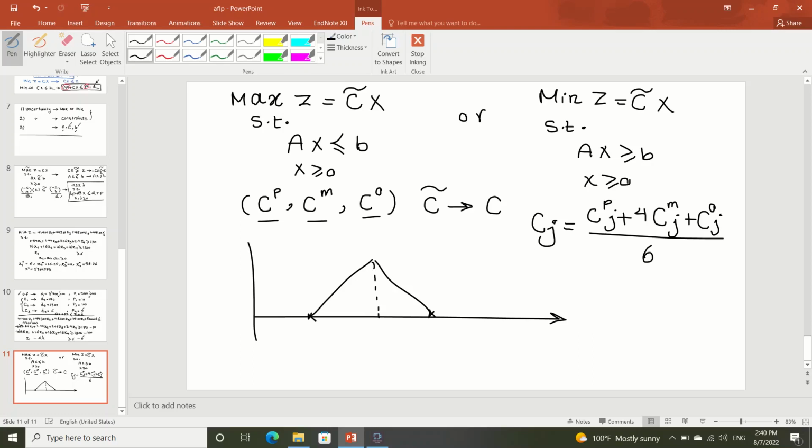This is C, and this is the membership degree of C: C pessimist, C moderate, and C optimist.